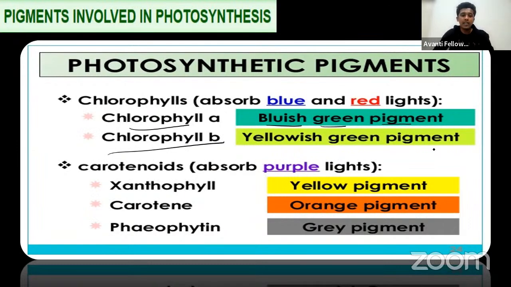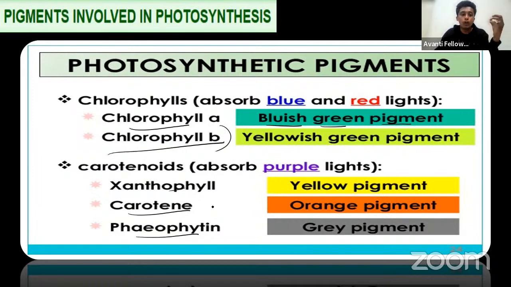So there are accessory pigments. Chlorophyll B is also called an accessory pigment. Then we have xanthophylls, carotene, and pheophytin. These are accessory pigments present in our plastids like the chloroplast, which help in harvesting an extra amount of light. The pigments are present in our chlorophyll for one purpose, that is to harvest light.